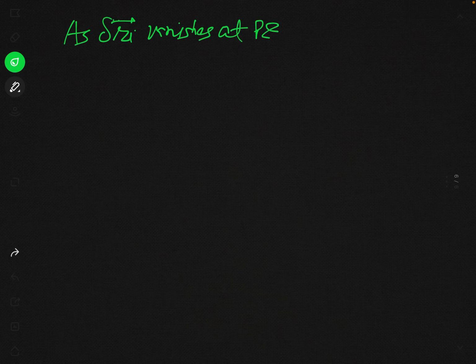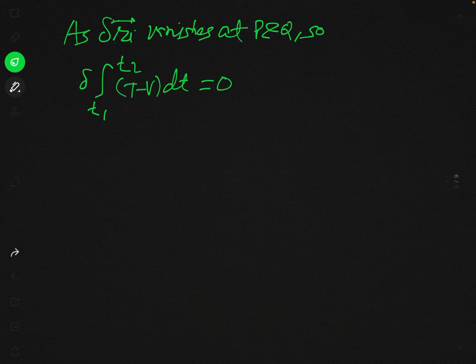As delta ri vanishes, it is 0 at P and Q. So what will be your result? Delta integral t1 to t2 of t minus v dt will be equal to 0.